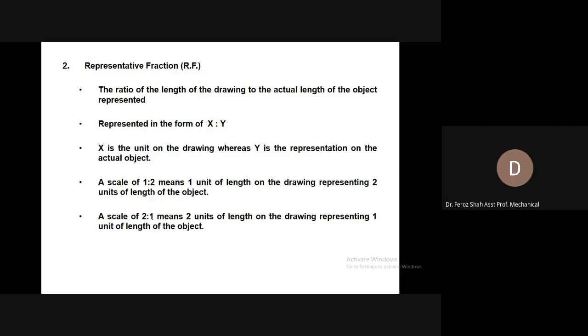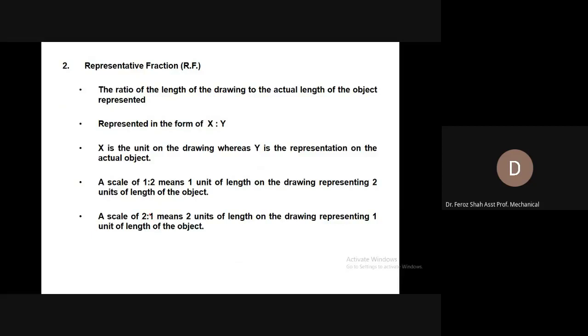You can also enlarge a smaller object through this representation. 2 ratio 1 means that an object of 1 unit has been drawn as 2 units. The units could be any measuring units, for example, inches, meter, centimeter, etc. So this is an enlarging scale.